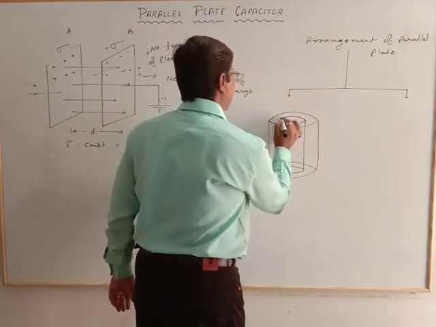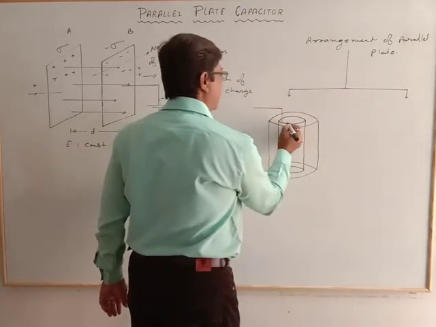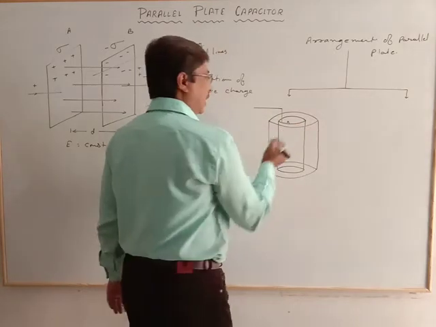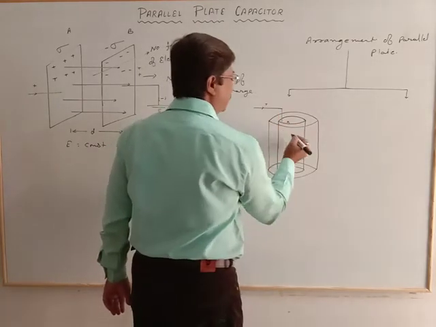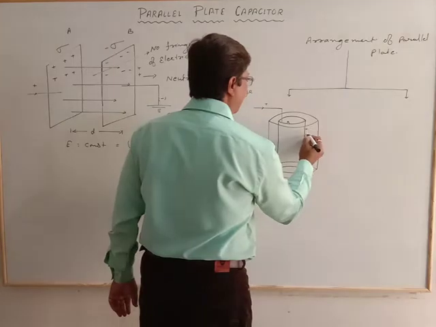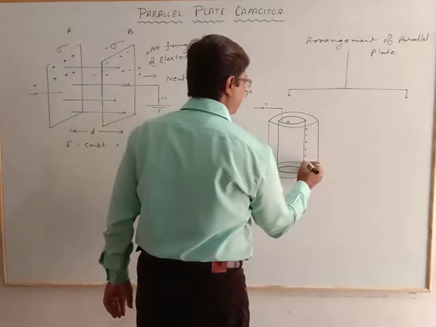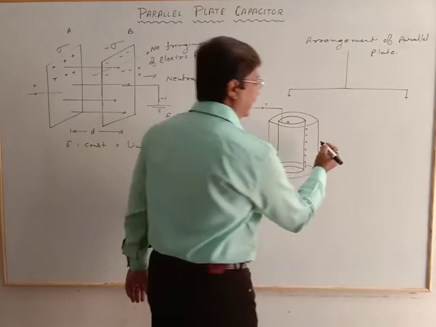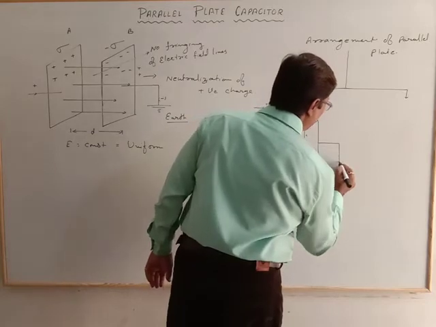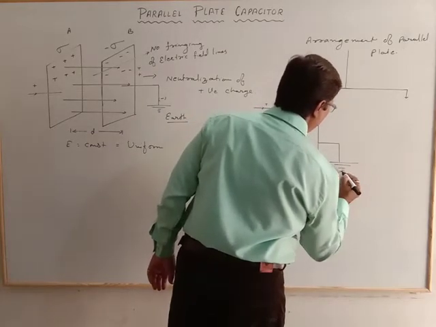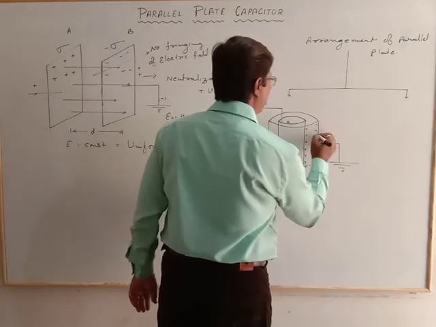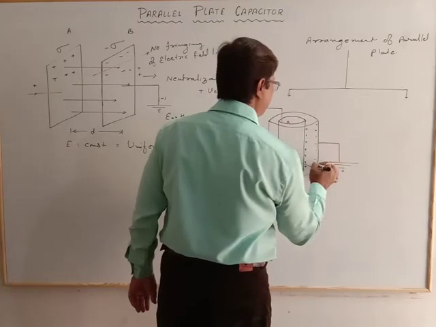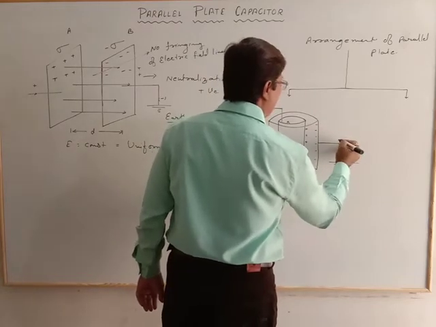Suppose charge is supplied to plate A. Plate A is this one, and charge is given to this, so that the charge is arranged over it linearly. And the other one is the earth, which becomes the plate of negative character. Positive will move to earth.